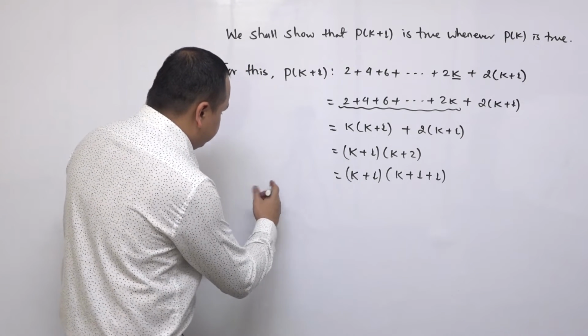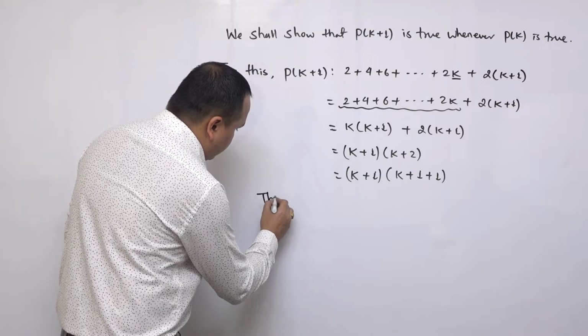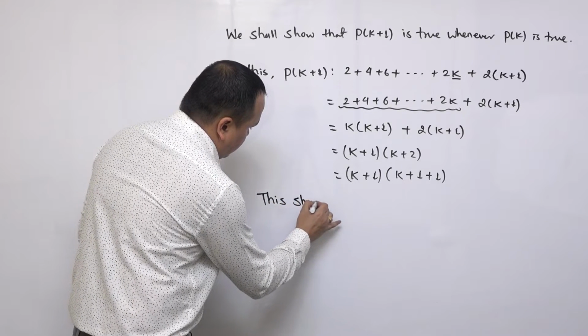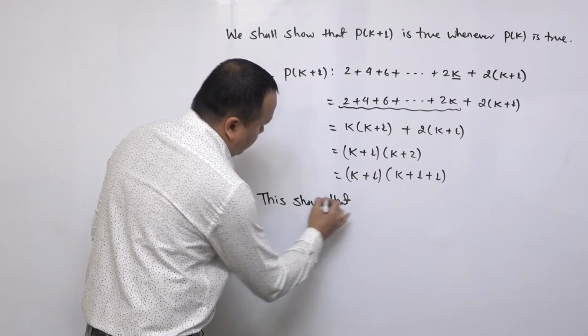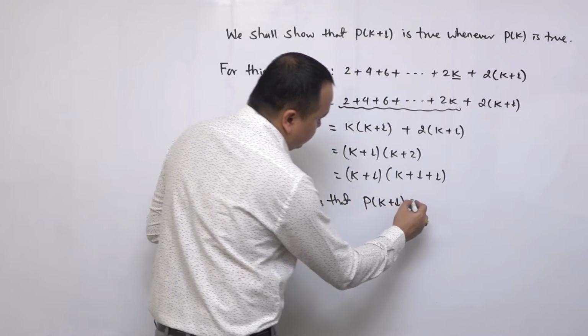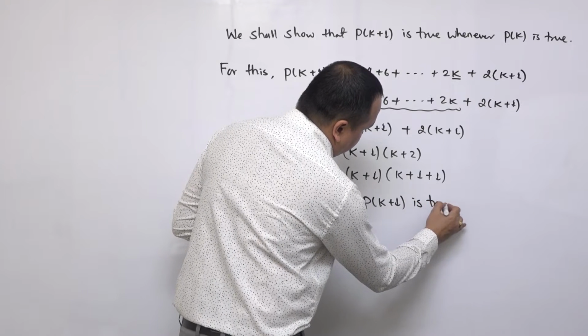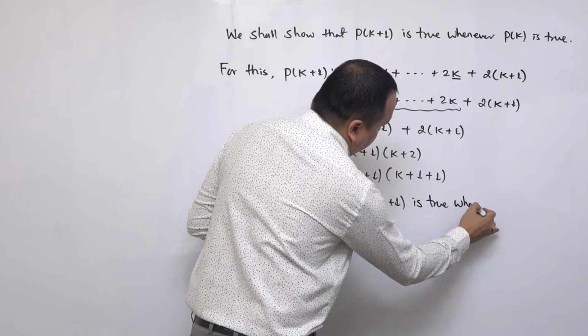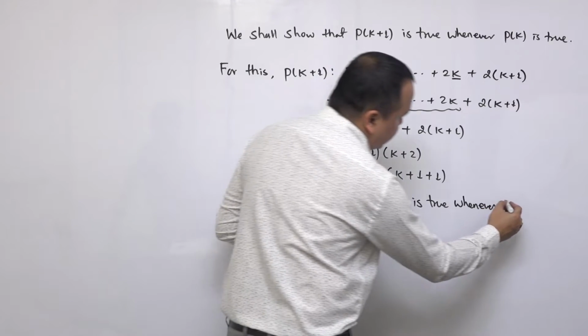This shows that Pk plus 1 is true whenever Pk is true.